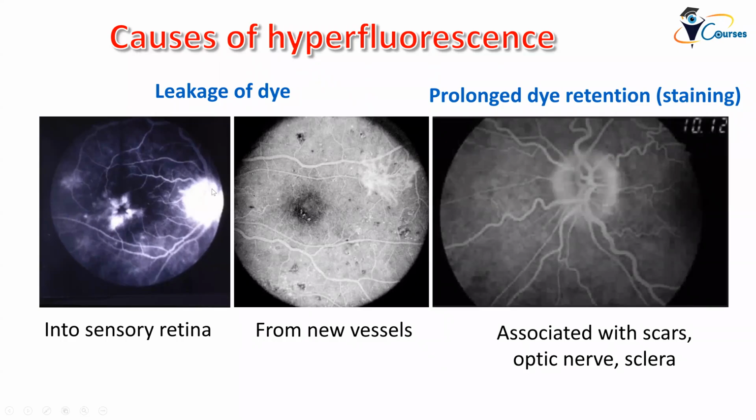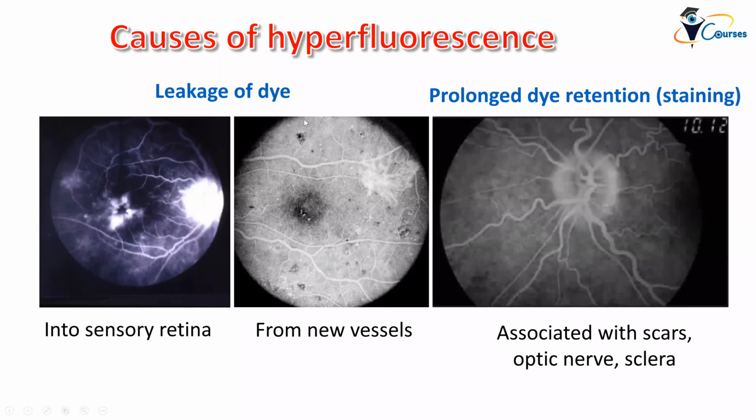Like for this case, there is a hot disc, there is hyperfluorescence at the disc, and there is a petalloid appearance of the macula. So there is hyperfluorescence at both the disc and the macula, which occurs in what's called Irvine-Gass syndrome, or postoperative cystoid macular edema. So here the leakage of the dye is present into the sensory retina.